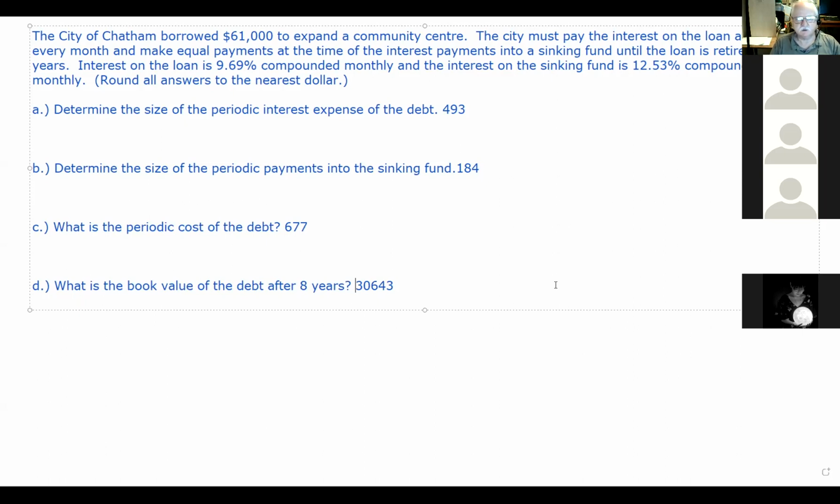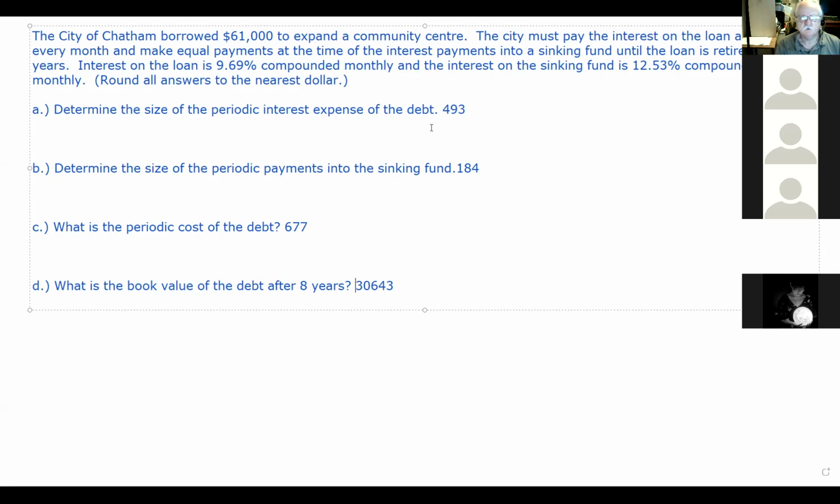Interest on the loan is 9.69% compounded monthly, and the interest on the sinking fund is 12.53% compounded monthly. Round all answers to the nearest dollar. So determine the size of the periodic interest expense of the debt.